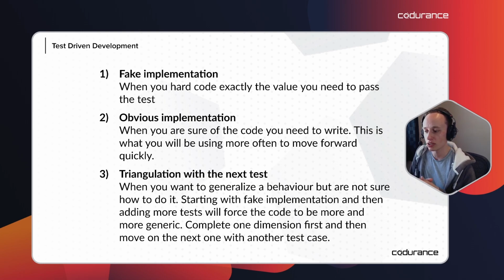And then you can write what we call an obvious implementation, in which you don't try to think too far ahead, don't try to be overly smart, just think of the most obvious thing you can do to get both these tests passing. And then, of course, you can do a refactor step if it's necessary to design it in a way that you think will be a bit cleaner going forward, but start with the obvious implementation.